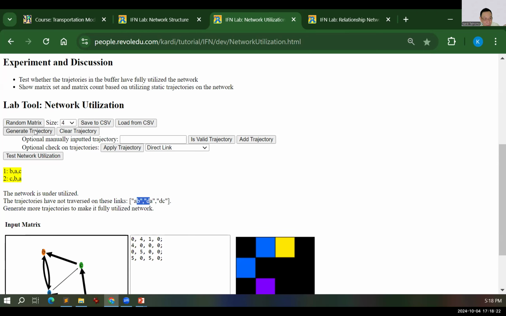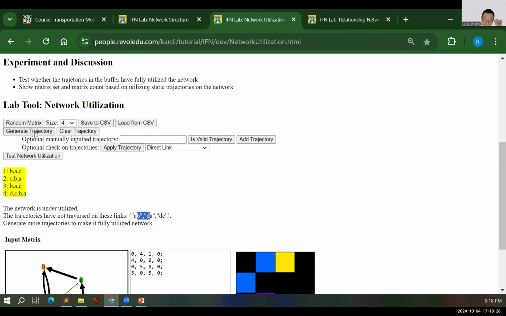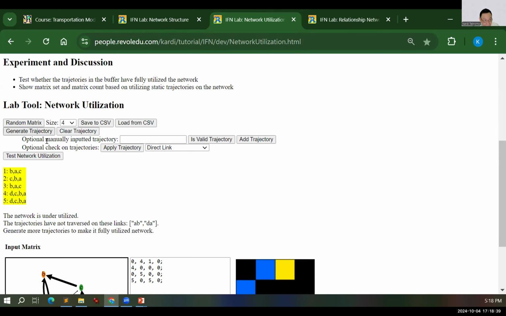So you can keep generating more if you want, but they generate the same thing, right? To test again, I still have 2 more links with no trajectory yet, so you can create another one and test again.